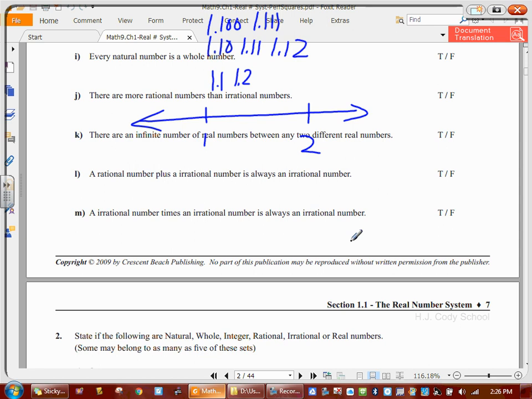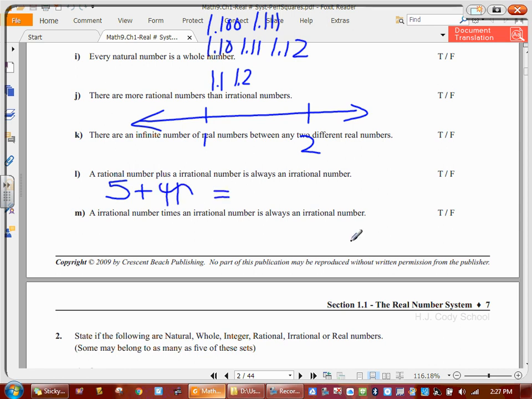Okay, the next one. A rational number plus an irrational is always irrational. So, in order to answer the question, you actually have to take a number. What they're saying is, a rational number, so let's take the number 5, plus an irrational number, let's take pi, is always equal to an irrational number.